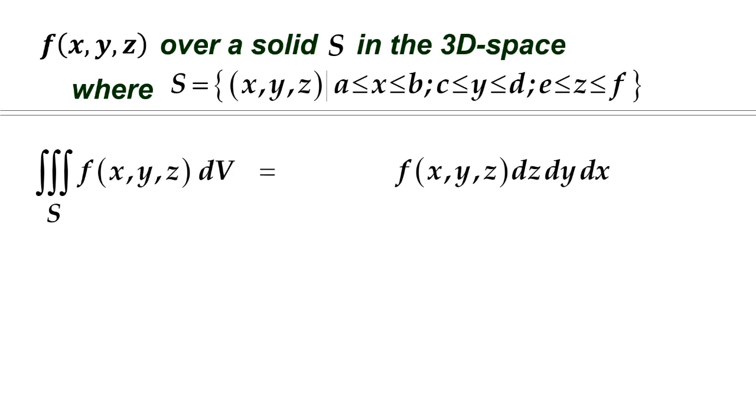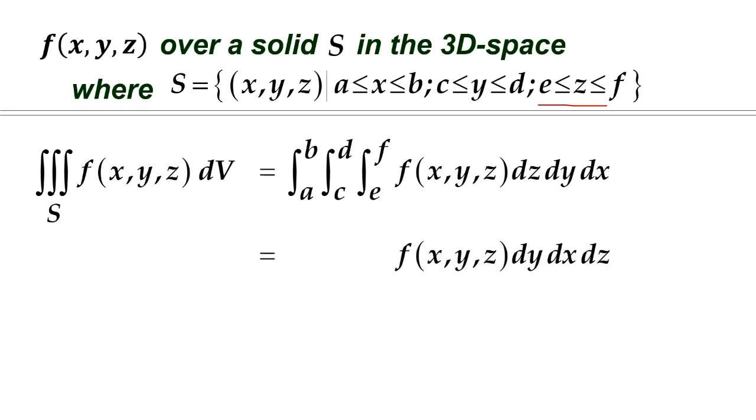As for the bounds, we integrate the function with respect to z over its values covered by the given rectangular solid S. Thus, we have the integral from e to f for z, and the same goes for integrating with respect to y, so we have the integral from c to d, and then the integral from a to b for integrating with respect to x. Okay, let's try another one.